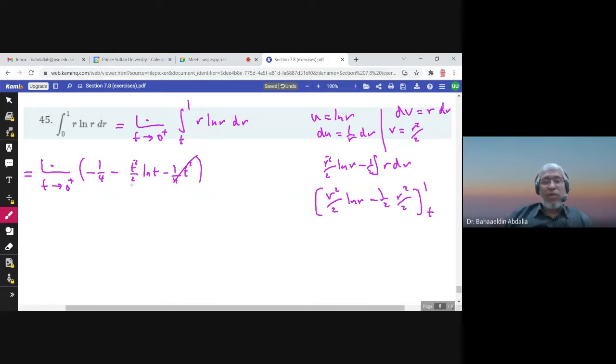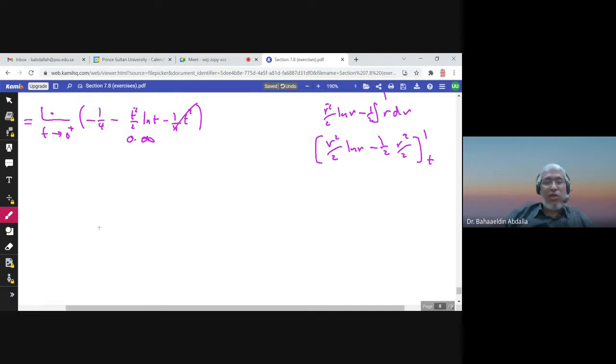But here I have a problem, because this would be ln 0, which is negative infinity. With this negative, I can make it infinity, and it's 0 times infinity. So I need to use L'Hopital's rule to find the limit of negative t squared over 2 times ln t when t approaches 0 from the right.